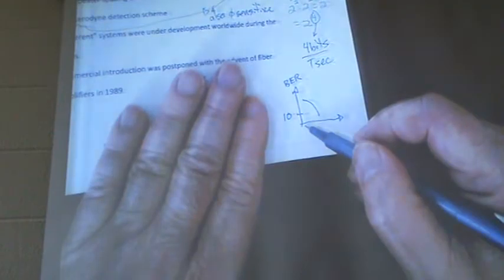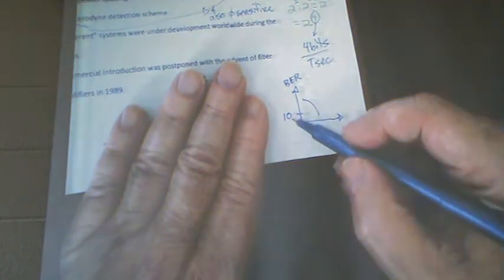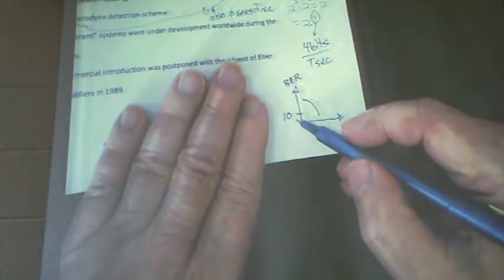Right? And typically, for example, I might have a bit error rate of 10 to the minus 3 would be barely tolerable for voice, right? But that would mean one error out of every 1,000.